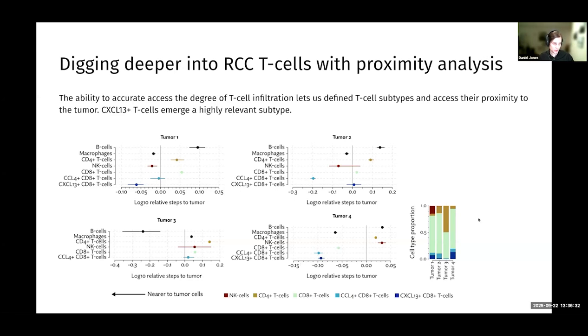That was a population we went into this interested in because it can be a marker of T cell exhaustion. So we're able to show some interesting proximity results. We also picked up this population of CCL4 positive T cells, which we know less about than the CXCL13 ones. But having twice as many T cells gave us a lot more power to pick that apart.